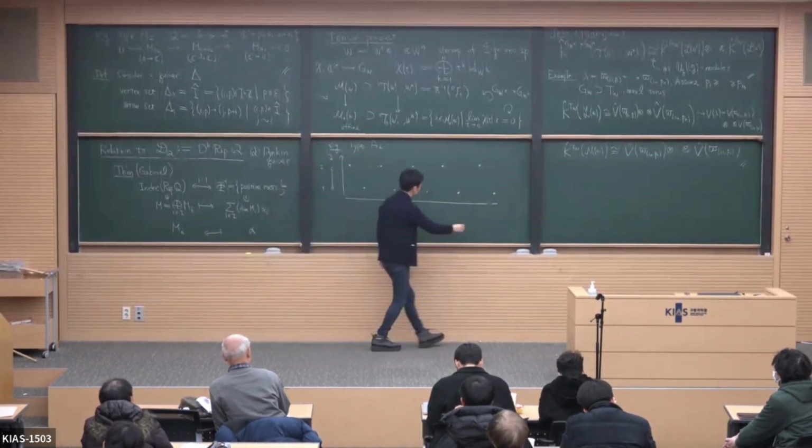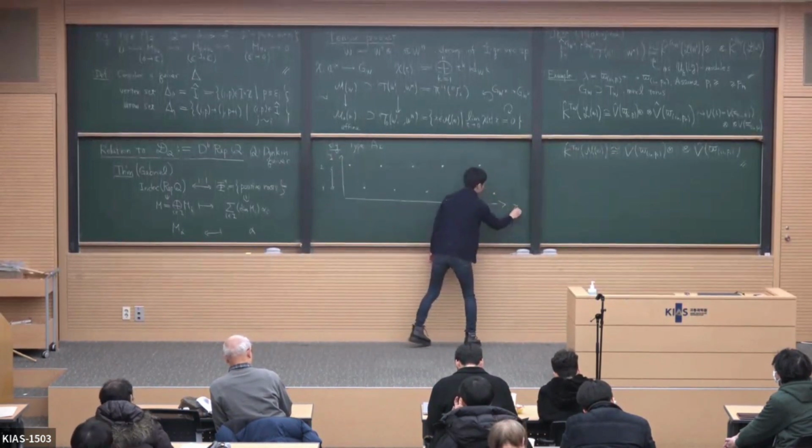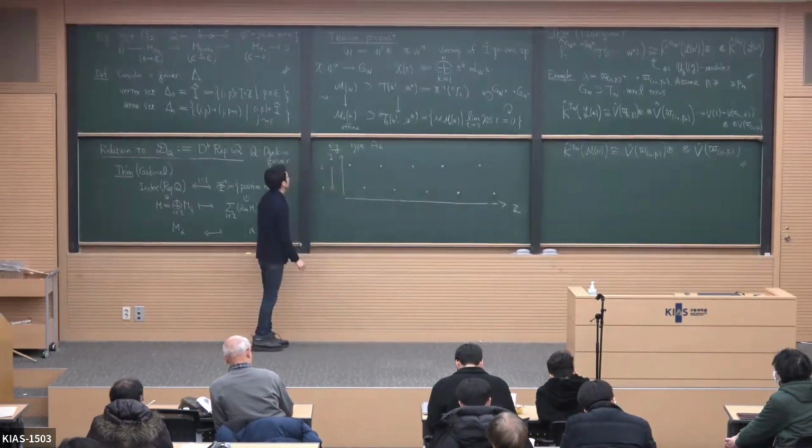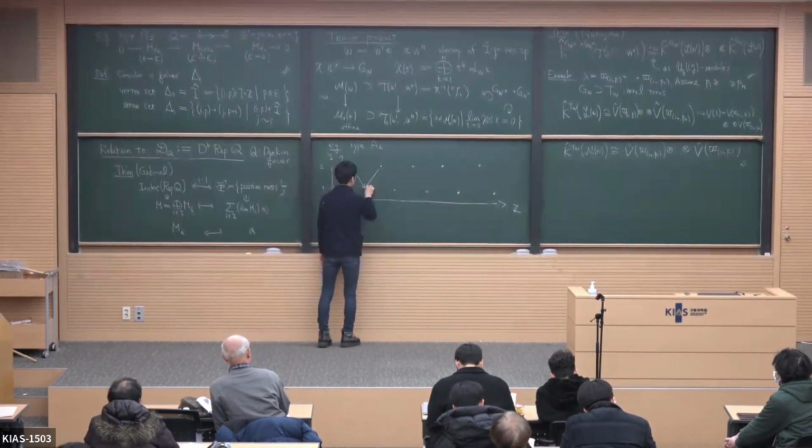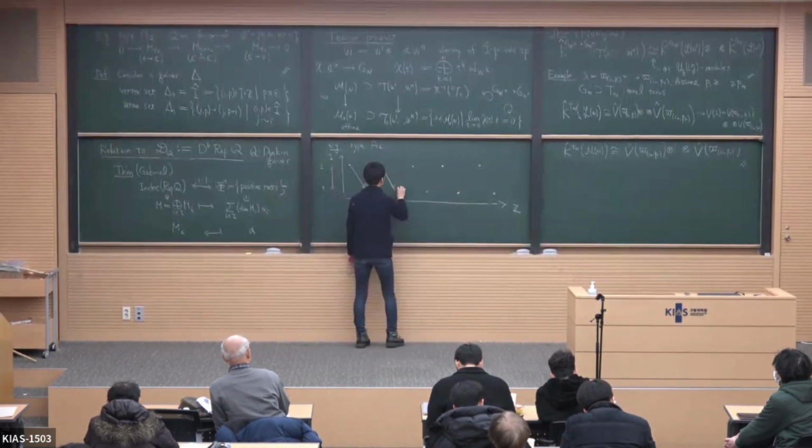So this is the direction, and the arrows are something like this. So we consider this kind of zigzag arrows.